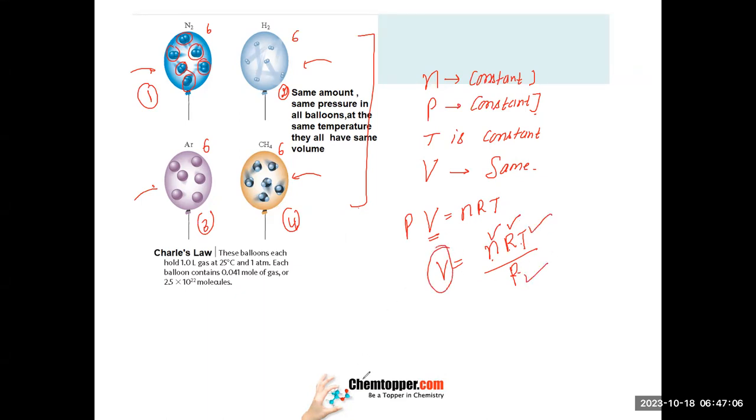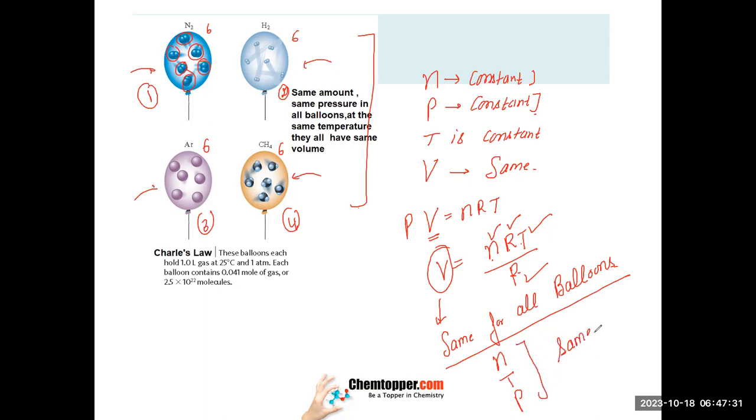So what will happen to the volume when you plug in the values? Same for all balloons, right? Why? Because n, T, P, R are same. So this is a multiple choice question. Is it okay?